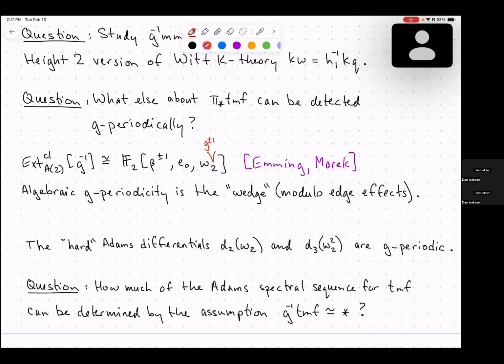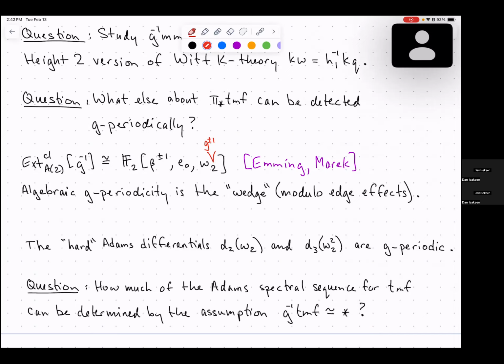So that leads to this question here. How much of the Adams spectral sequence for TMF can be determined by the assumption that G inverse TMF is contractible? In other words, this is a fancy way of saying: suppose I assume that in the Adams spectral sequence for TMF, some power of G is hit by an Adams differential. I'm not even saying which power.